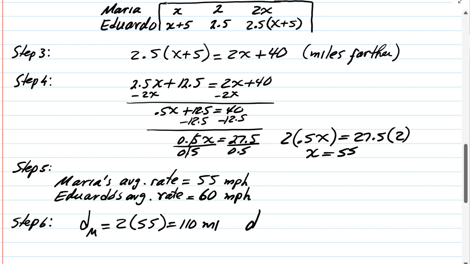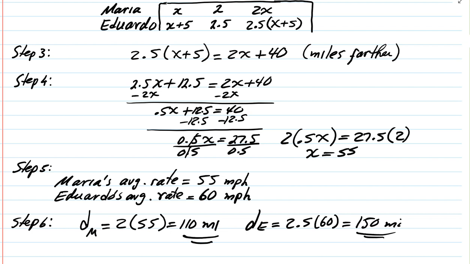How about the distance Eduardo travels? Well, he's going to travel 60 miles an hour for 2.5 hours. So he travels 150 miles. Now, the difference between the two is 40 miles, which is exactly what the exercise requires. We were told that he lives 40 miles farther than Maria. So there you go. That would be an example of a motion problem that we just solved.